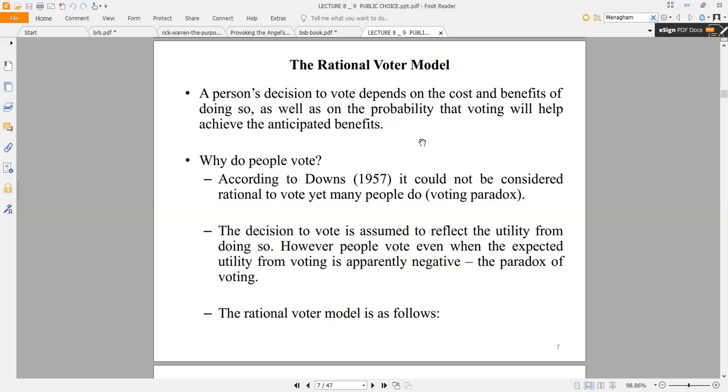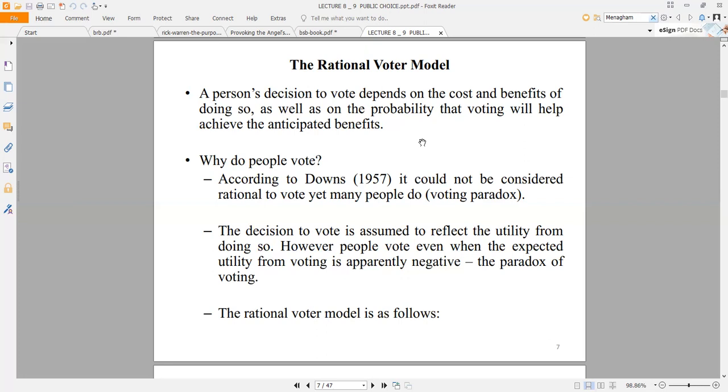In a case where the expected utility from consuming a particular good is negative, then you don't have to consume the good at all. What we are trying to say here is that whatever voting decision you make should reflect the benefit, the utility that you get from engaging in that voting process.